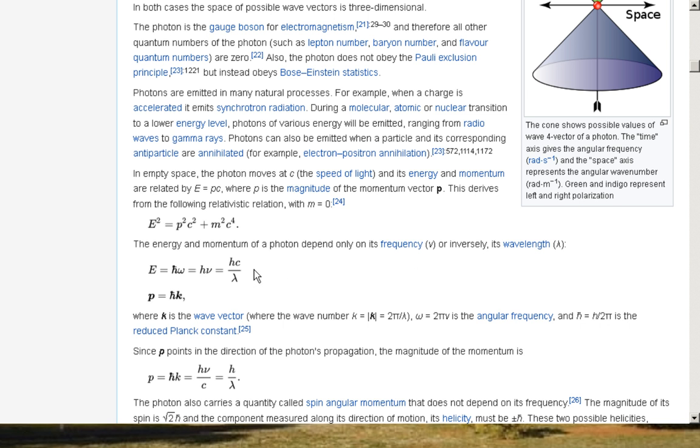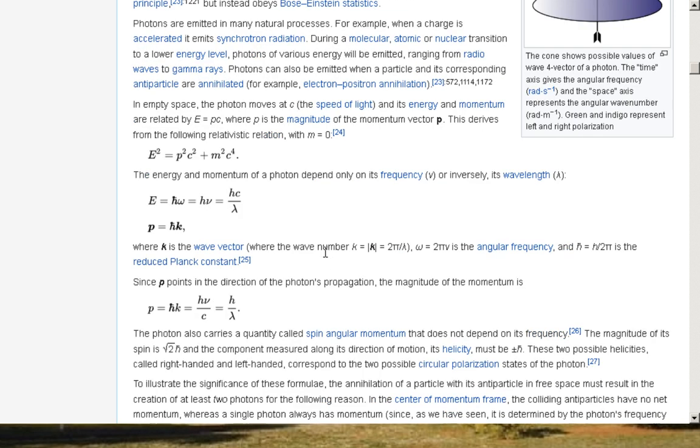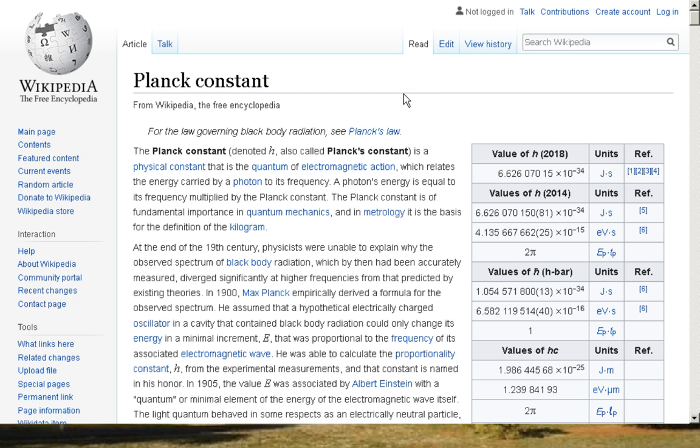The energy of a photon is given by hc over lambda. h bar is h over 2 pi, the reduced Planck's constant. So Planck's constant is the quantum of electromagnetic action, which relates the energy carried by a photon to its frequency.